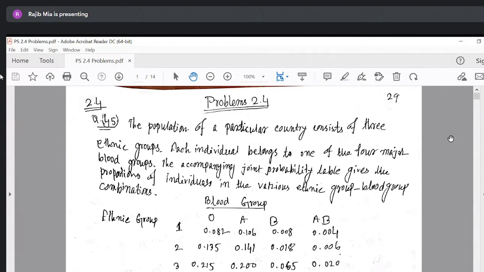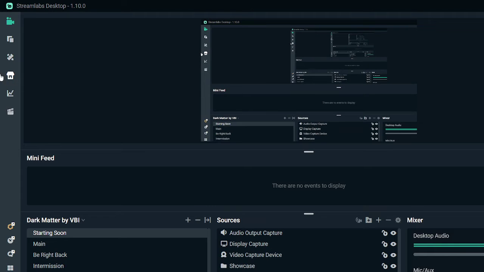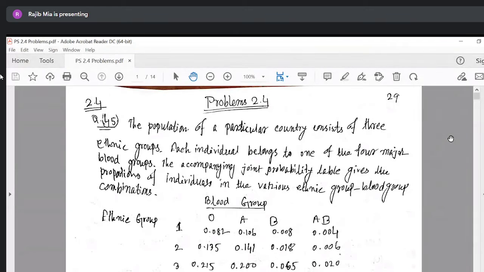The population of a particular country consists of three ethnic groups. Each individual belongs to one of the four major blood groups. The accompanying joint probability table gives the proportions of individuals in the various ethnic group blood group combinations.